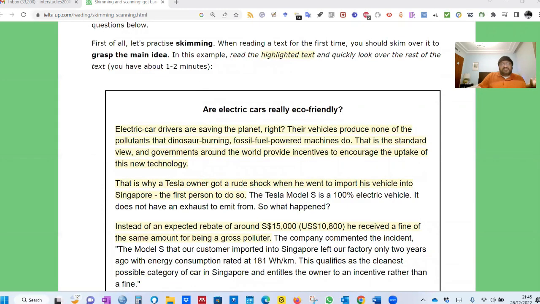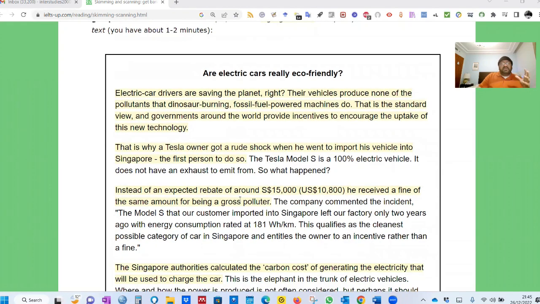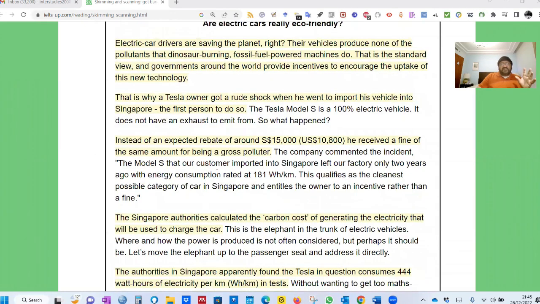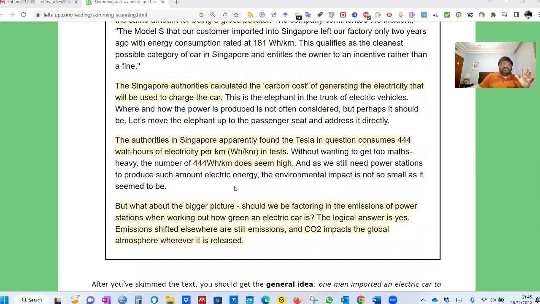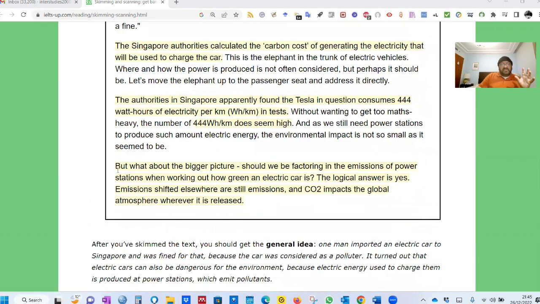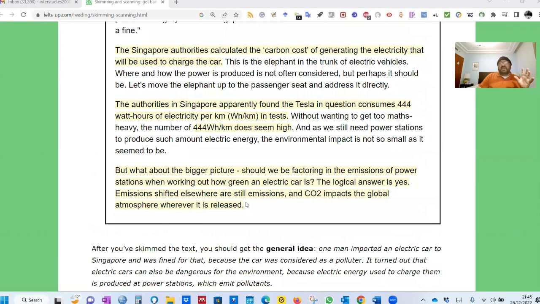I have done it, you can see highlighted in yellow: the first paragraph, the introduction. Then the first line of each paragraph, or sometimes the second line also, because the main topic sentence or main idea can be taken from there, and they can give you more information. Here I have taken the first line of the fourth paragraph, the body. The last one, you see, is highlighted whole.